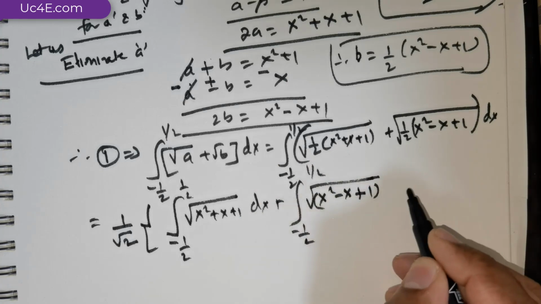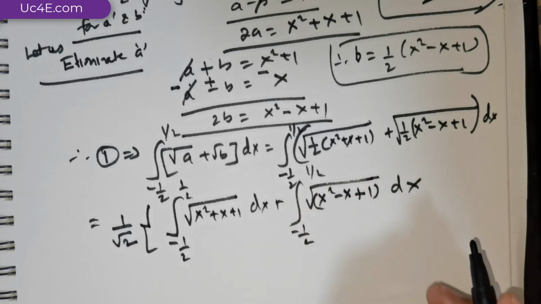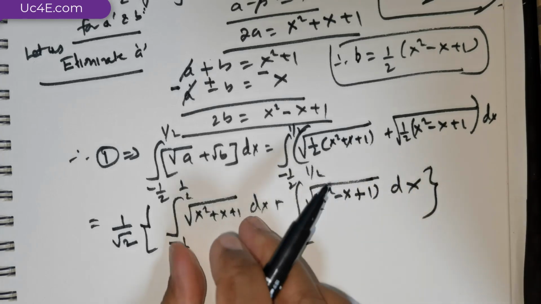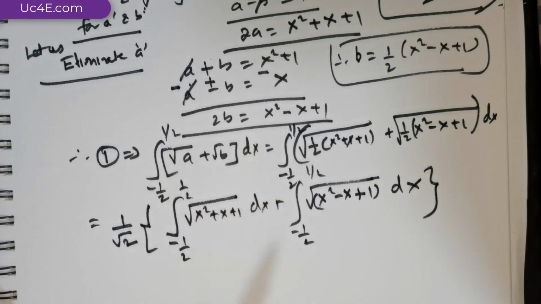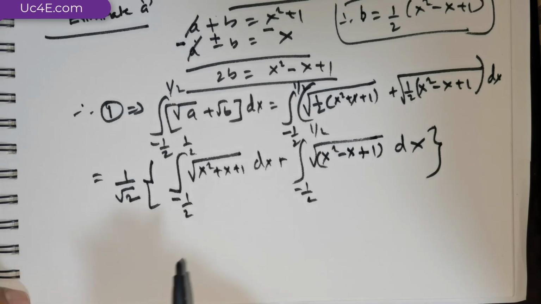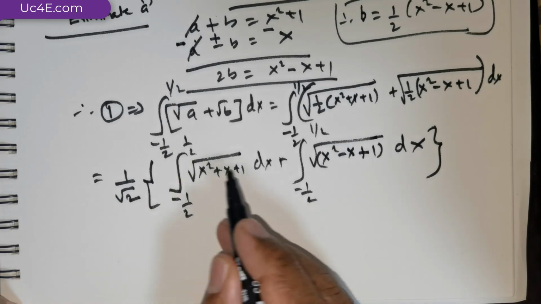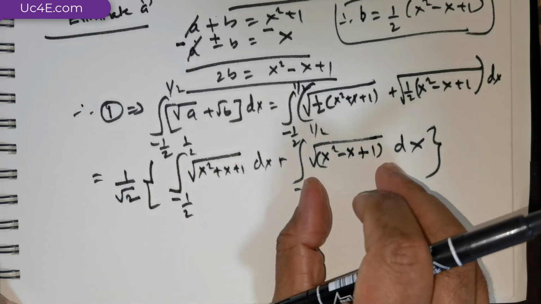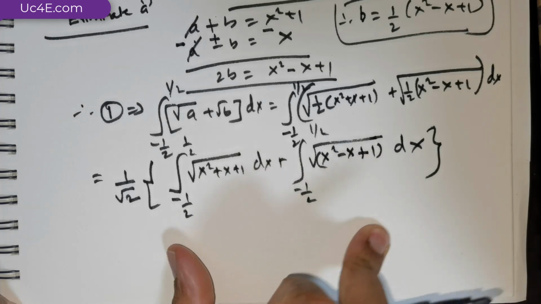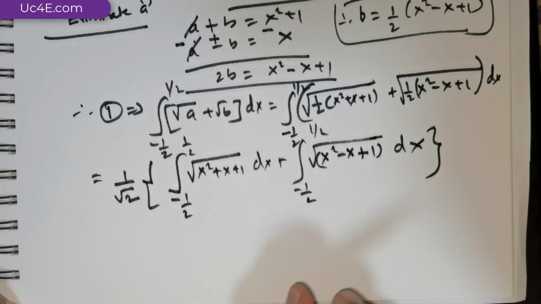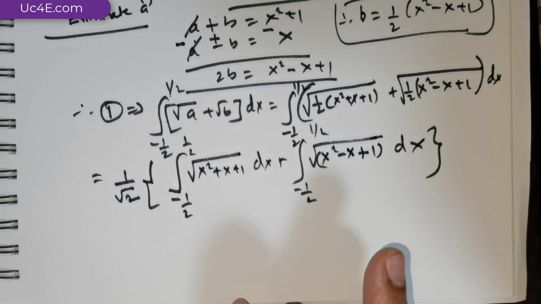So this is what you have actually got. Now let me just take the first part and solve it, or I would say integrate it, and then integrate the second part, add them both, and then simplify and get the answer. So that's the objective, that's the way we would be proceeding.